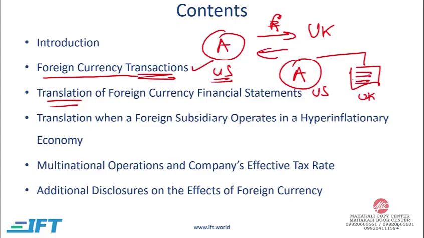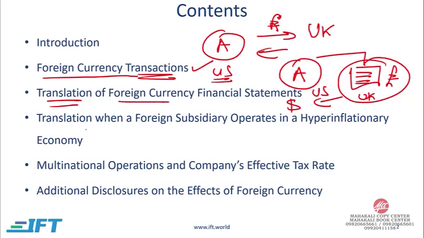So this UK subsidiary will work in pounds. The question now is, how do we take the financial statements from here and move them into a consolidated financial statement for company A? That consolidated financial statement will be in dollars. So how is this translation done? That's what we will talk about here.